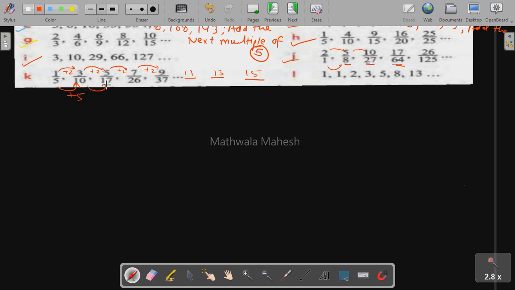This is 5, this is 7, this is 9, this is 11. So we have to add plus 13, so we get 50, and plus 15, 65. We add plus 17, and you will get 82.